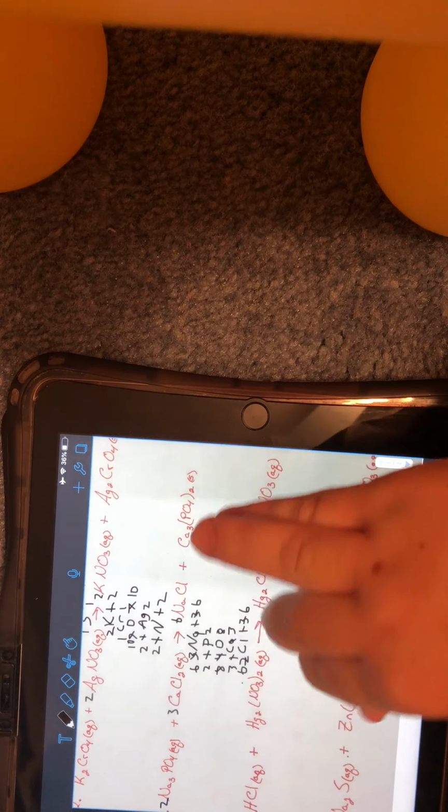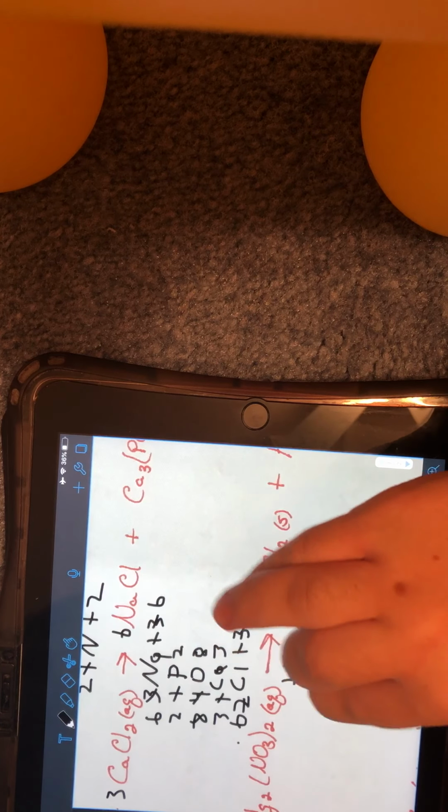So let's look at this again, and we put HCl, Hg2(NO3)2.